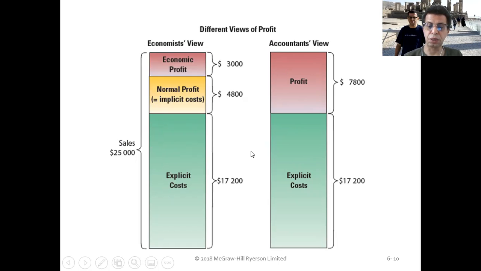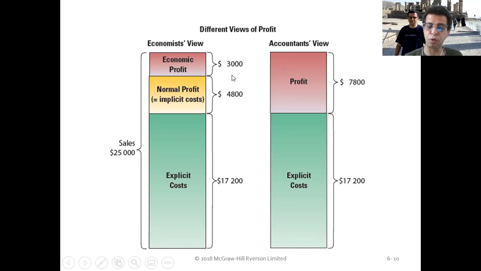There is the same explicit cost here, but there is a part where you have put some work, but you didn't pay any salary for yourself, or you brought your family working there. So that's another $4,800, plus maybe the opportunity cost that you lost. You could have had your money in the bank, all these things. So your economic profit here is only 3,000.